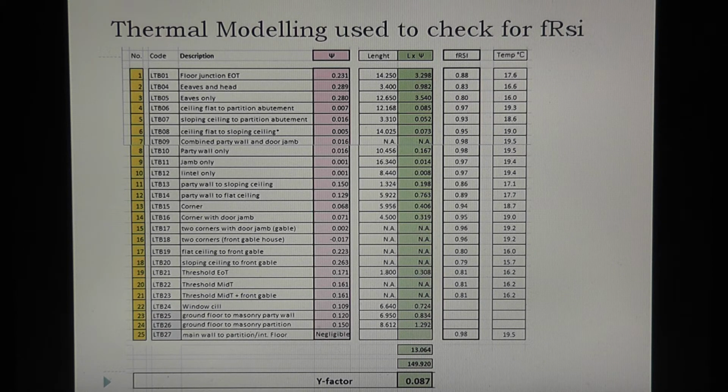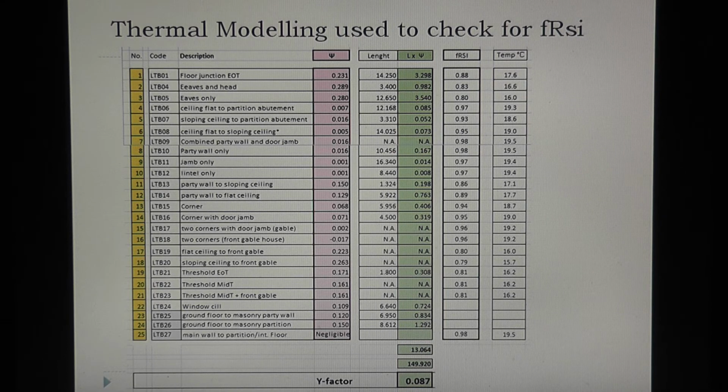So we allowed the students to use the values in the table in Appendix D of the TGD L. And interestingly, the Y factor calculates out at 0.87, which is above the default value, even though all of the junctions are now designed in strict accordance with, well, in fact, are all better than the ACDs and approaching passive house design levels. But yet they exceed the default value.